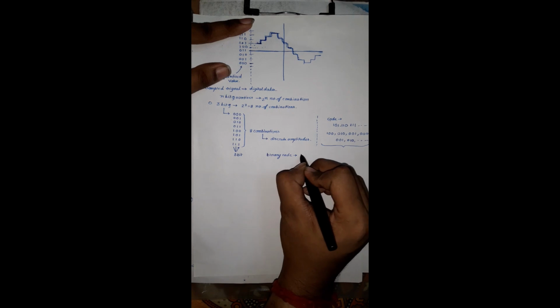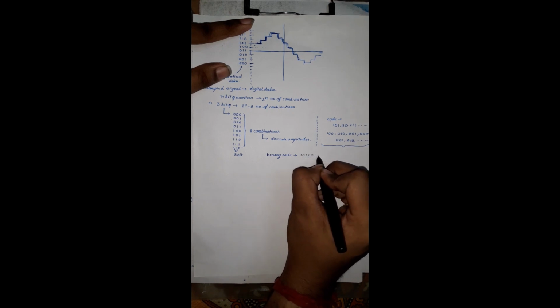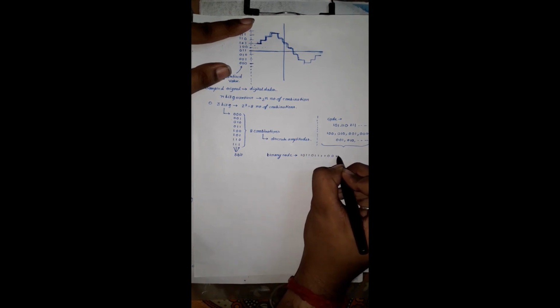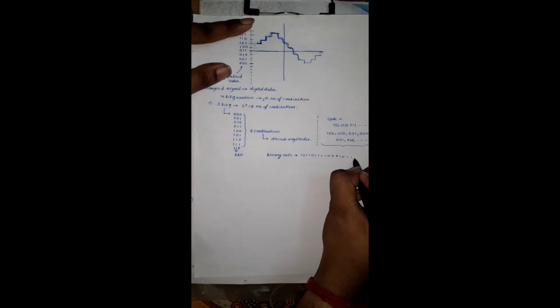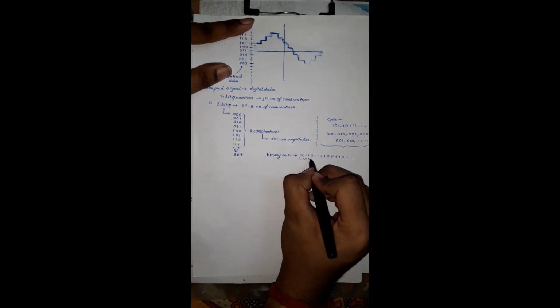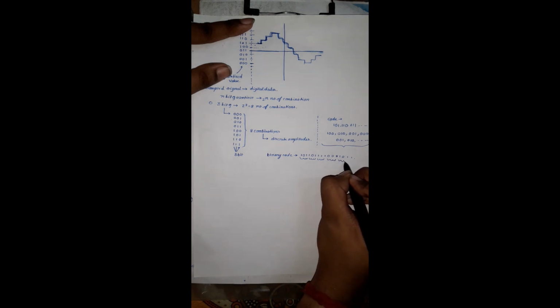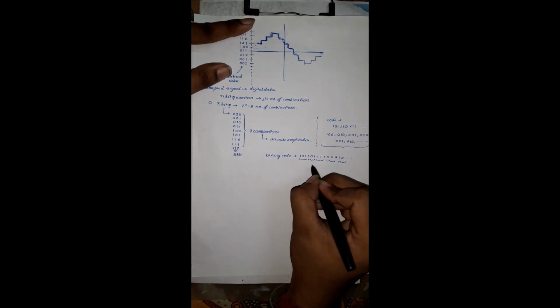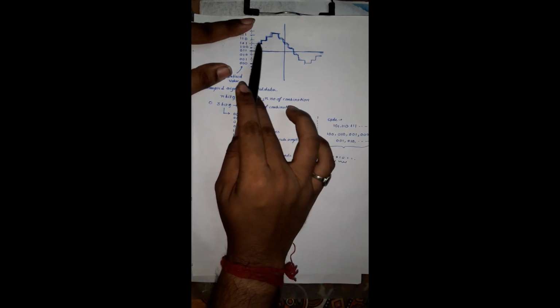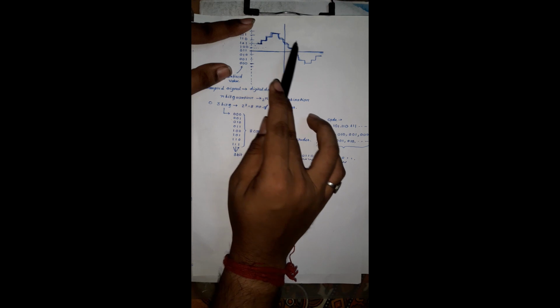What is the binary code? This is a number of ones and zeros, within which 3-bit combinations are present consecutively. That is defining the several amplitudes, and those amplitudes are nothing but these discretized amplitudes.